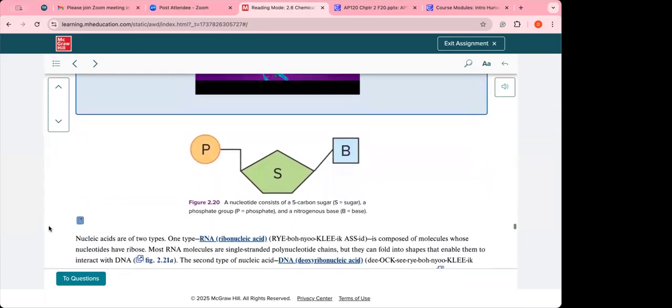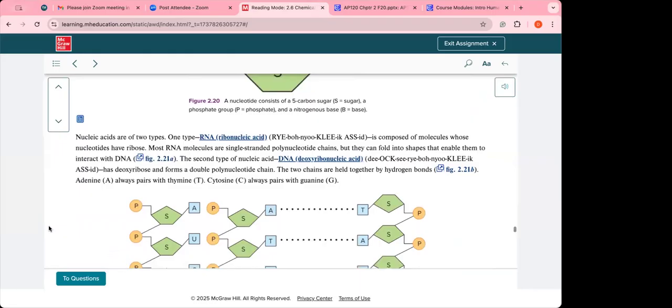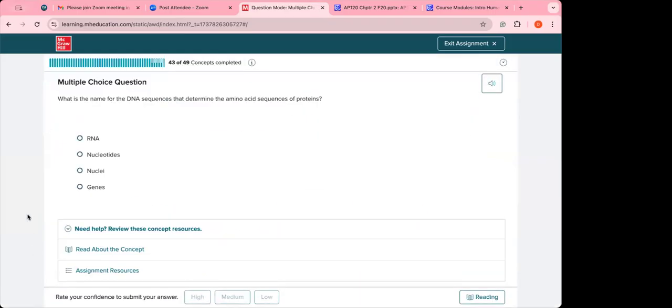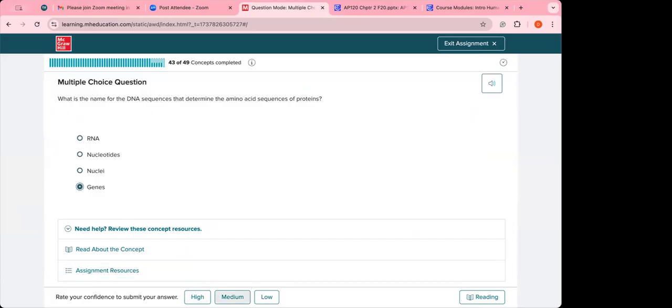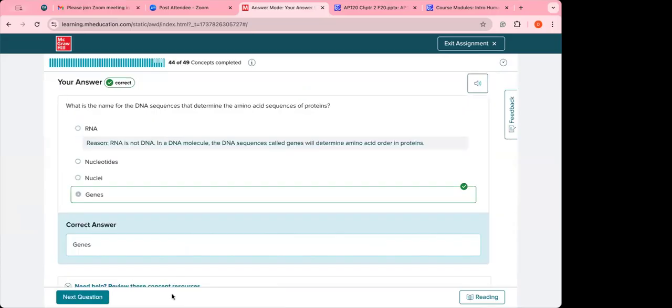Let's go to the question and see. I would say genes. Genes is the name for the DNA sequences that determine the amino acids of proteins. I think that's genes. Maybe. Yeah.